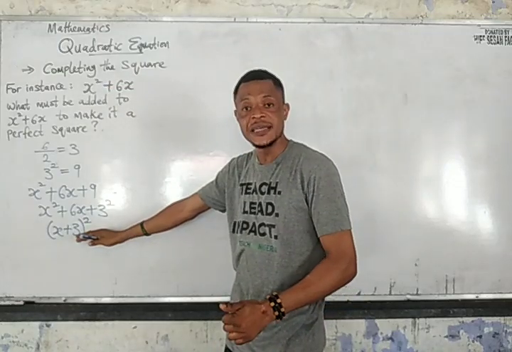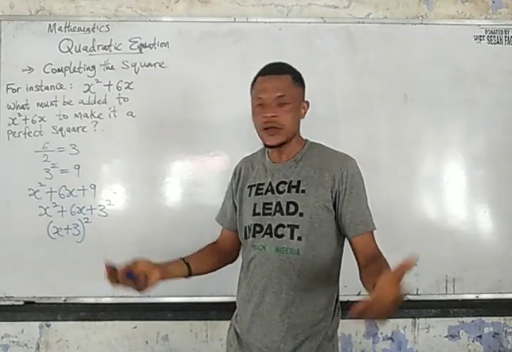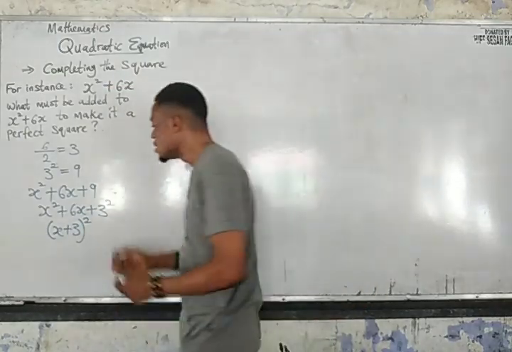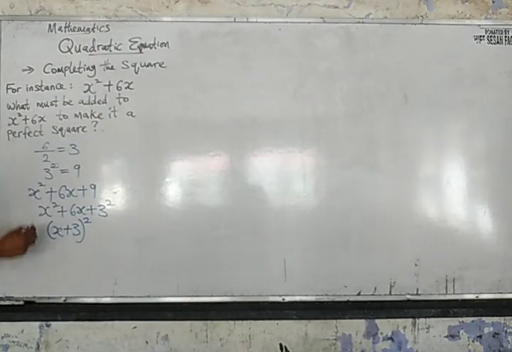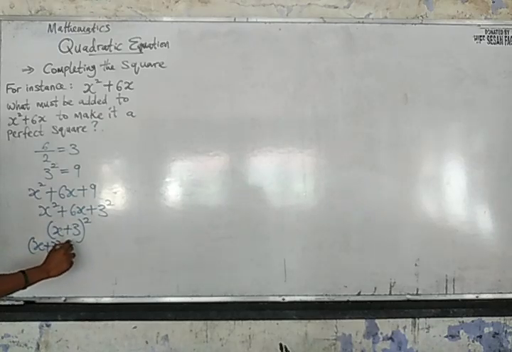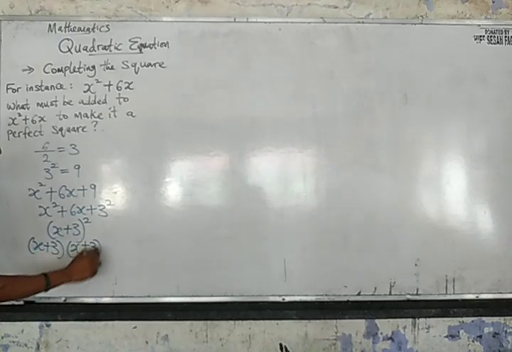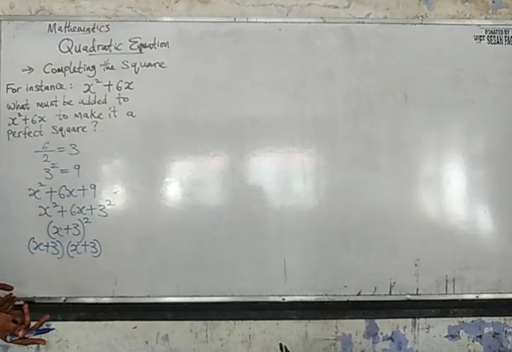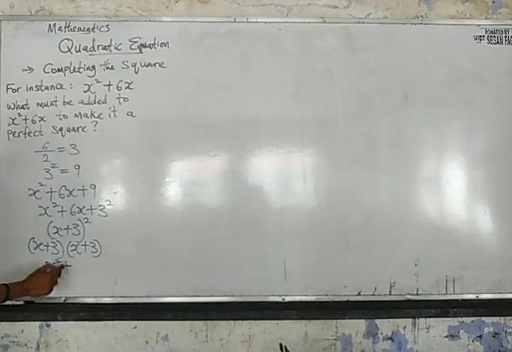By the time you expand this bracket, so for the benefit of that, let's try to expand this bracket. Expansion of this bracket means we are having x plus 3 squared, again x plus 3. So opening this bracket, x multiplied by x, we are going to have x squared, x multiplied by 3 will give us 3x.